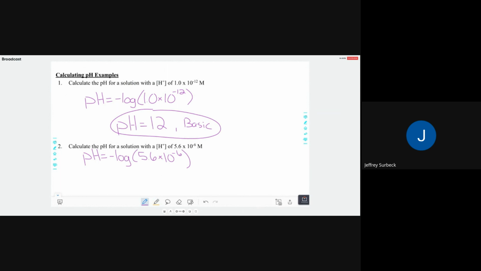And because 5.6 has 2 sig figs, we round that answer to 2 sig figs. What's our pH become? 5.2, 5.3. Yep, it would round to 5.3. And based on this number, I ask you, okay, is this solution acidic or basic? You'd say acidic because it is below 7.